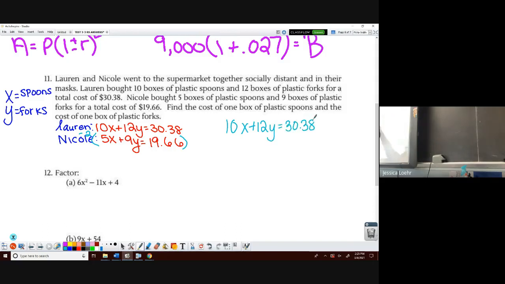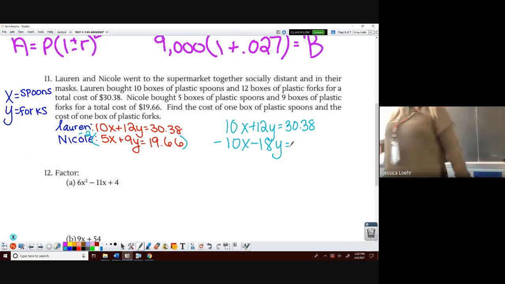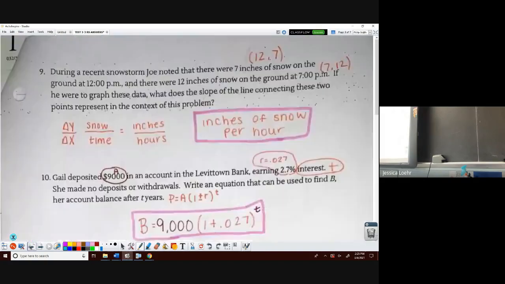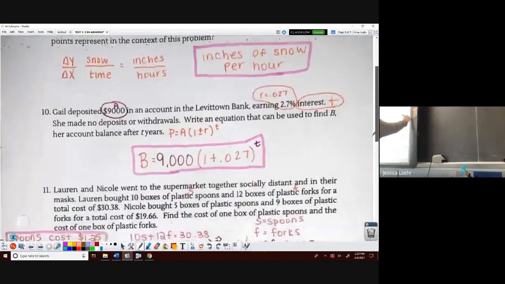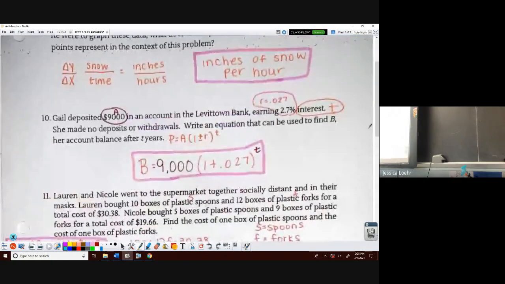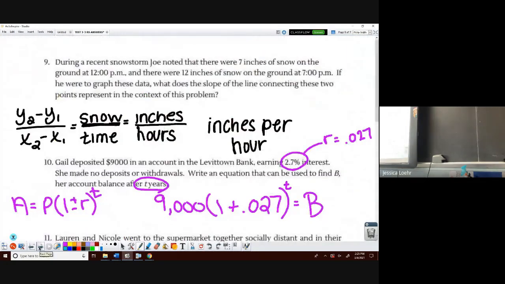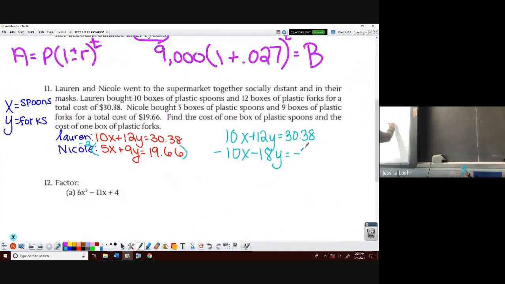And then you're going to multiply the bottom equation by negative 2, including the answer. And then you're going to add them together. So the x's cancel. 12y minus 18y is negative 6y.